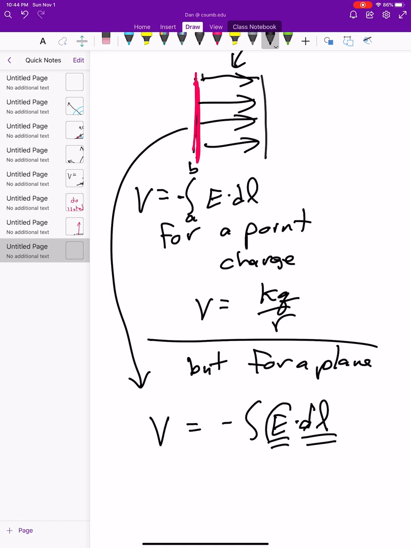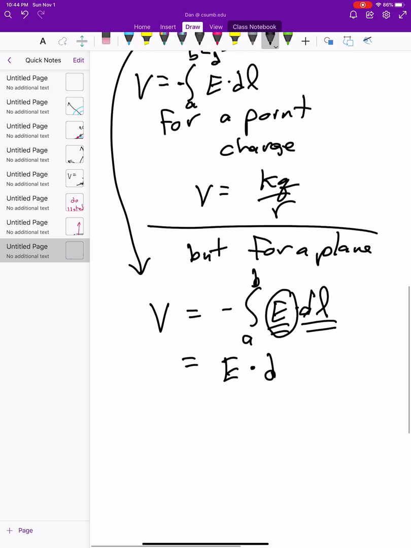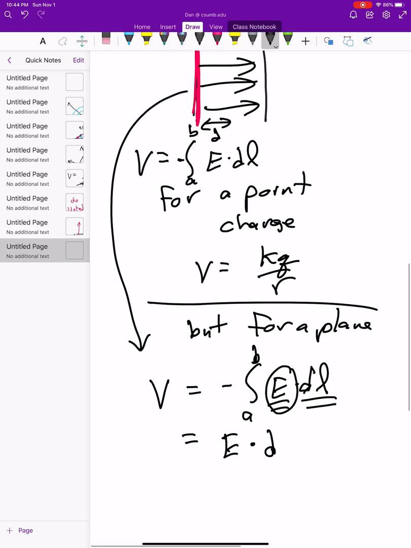But for a plane, the electric field is constant. So the electric potential for a plane really just becomes the product of E times d, where d is the distance away from the plane. So the electric field is constant, it doesn't change, but the potential does change.